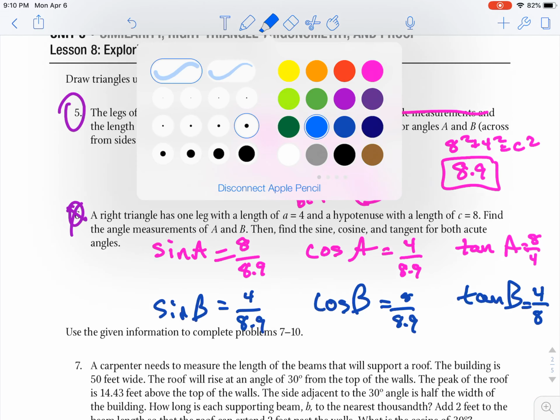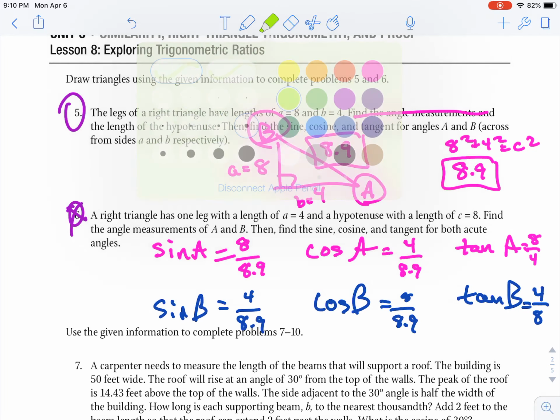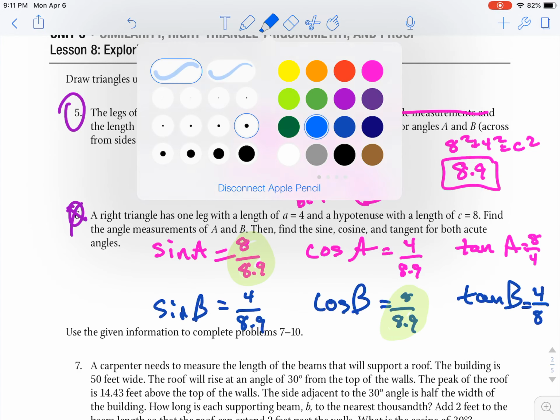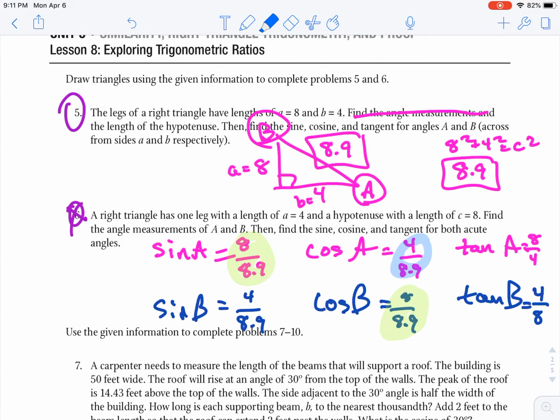Now let's look at some patterns here. This one and this one, that's not a coincidence that those are the same. Sine of one acute angle and the cosine of the other acute angle are always going to be the same. Same thing with these two. That's not a coincidence.